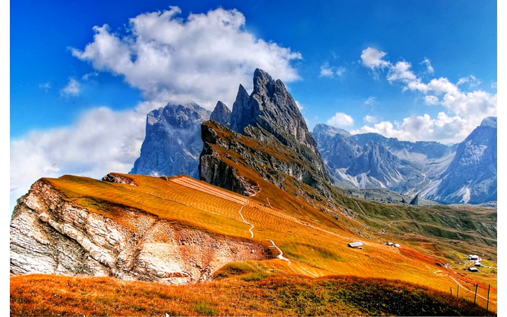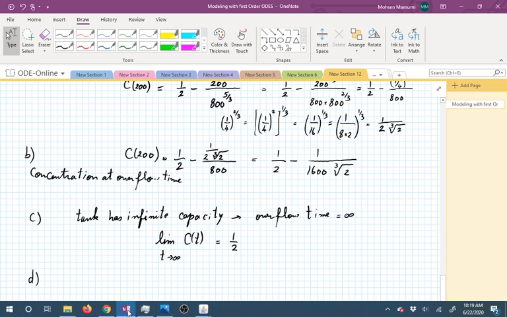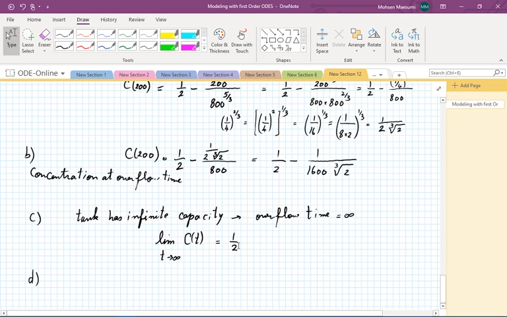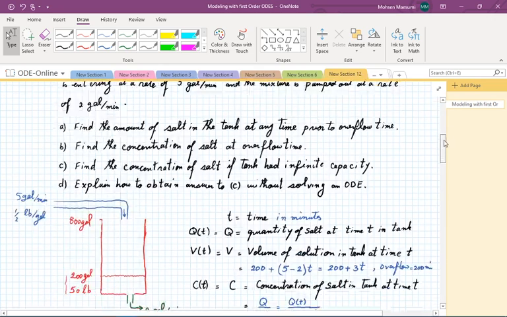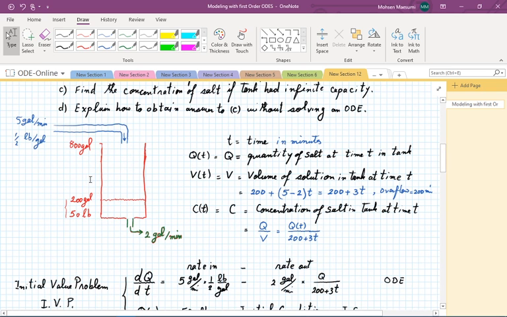How do I know that if the tank has infinite capacity, the limiting concentration would be 1/2? Does this number remind you of anything? That 1/2? That's this number, 1/2.